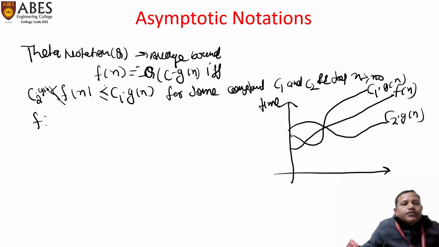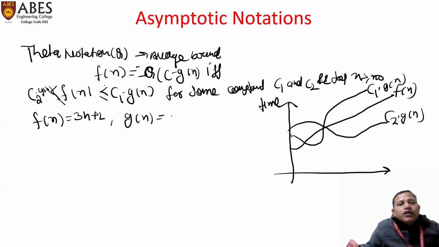For example, if f(n) is equal to 3n plus 2 and g(n) is equal to n, then we can calculate this. f(n), 3n plus 2, is less than or equal to c1 into g(n), which is n, and here this is c2 into g(n), that is n.